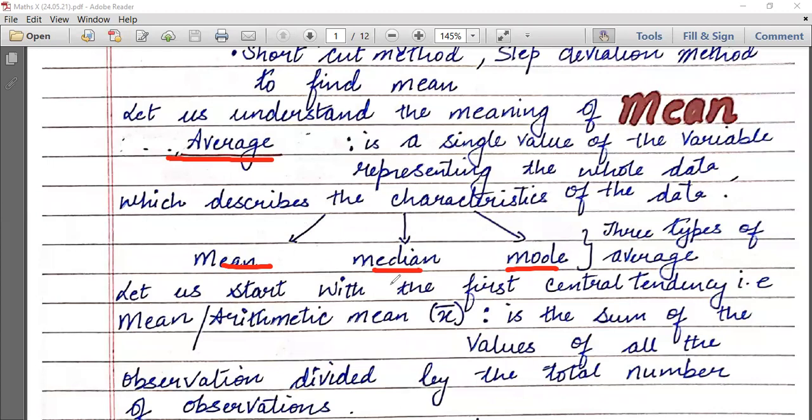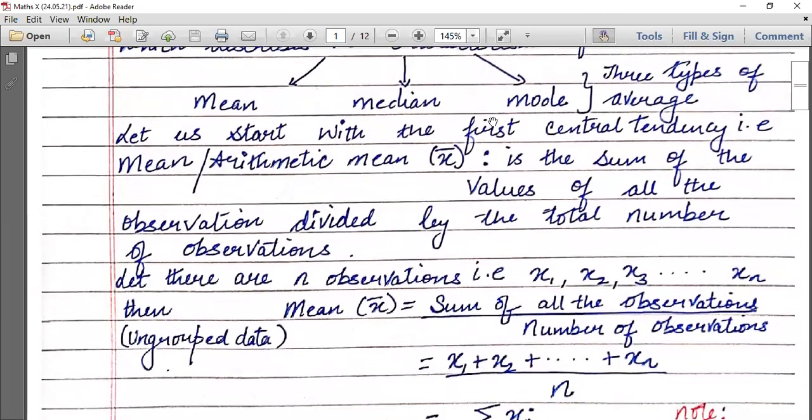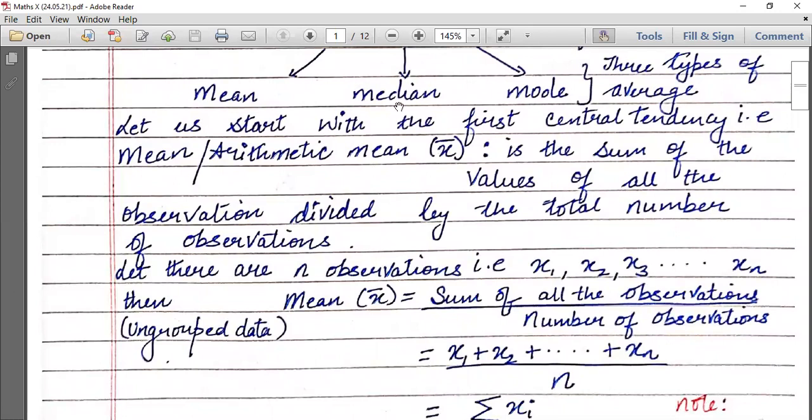Now let us start with the first central tendency, that is mean. This is also known as arithmetic mean or x bar. Children, mean means sum of all the values of the observations divided by the total number of observations.